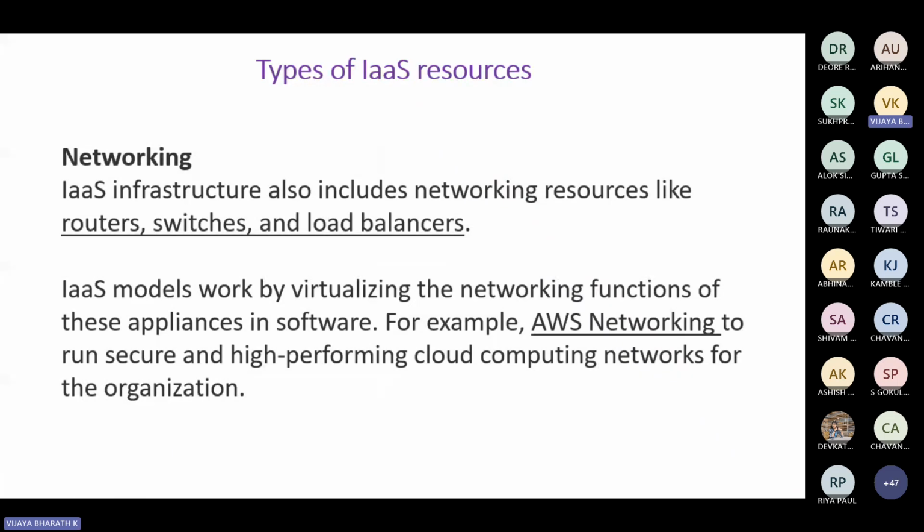Coming to networking, it also includes various resources like routers, switches, and load balancers. The IaaS model works by virtualizing the functionalities of the network in software. For example, AWS networking runs secure and high performing cloud computing networks for the organization.